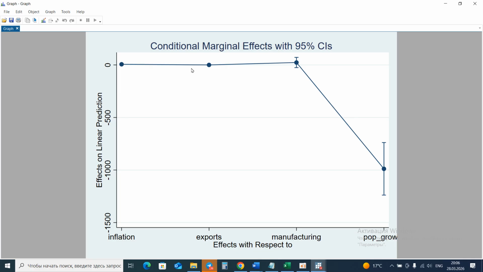A unit increase in exports or manufacturing leads to a corresponding increase in GDP per capita, while change in inflation doesn't affect it that much.